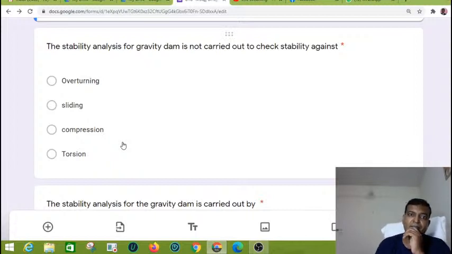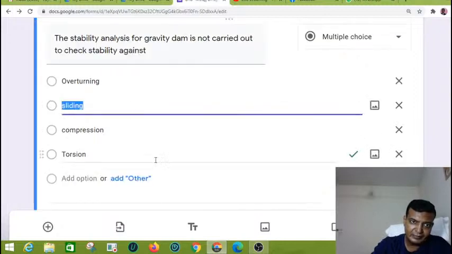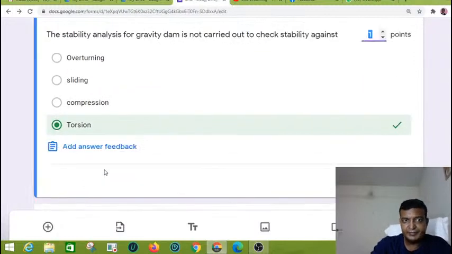Stability analysis for gravity dam is not carried out to check stability against. It is carried out for overturning, sliding, compression. We never heard the word torsion, so here the answer is torsion, D. You can see the answer is torsion.